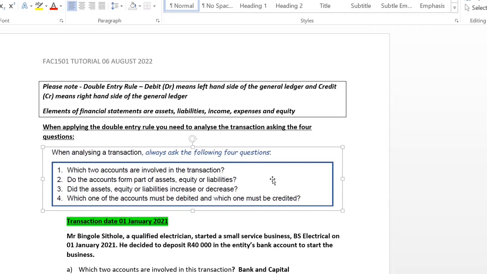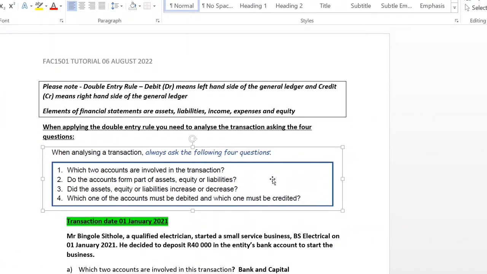If income, which forms part of equity, increases, you're going to credit income in the general ledger. If income decreases, you're going to debit income in the general ledger. If an expense increases, you're going to debit the expense in the general ledger.